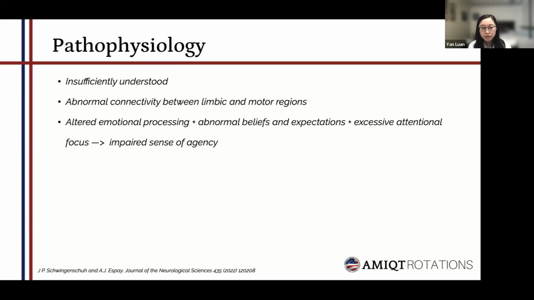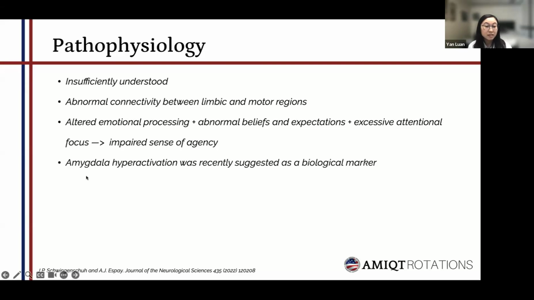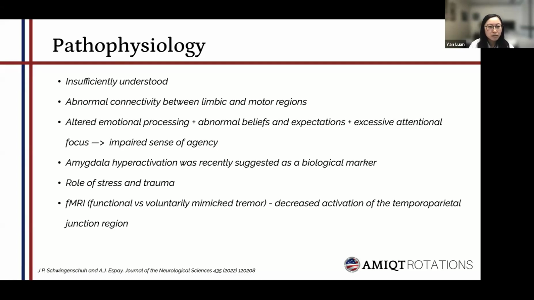In other words, the patients don't feel like they are doing the actions. Amygdala hyperactivation was recently suggested as a biomarker. And stress and trauma also play an important role in functional tremor.